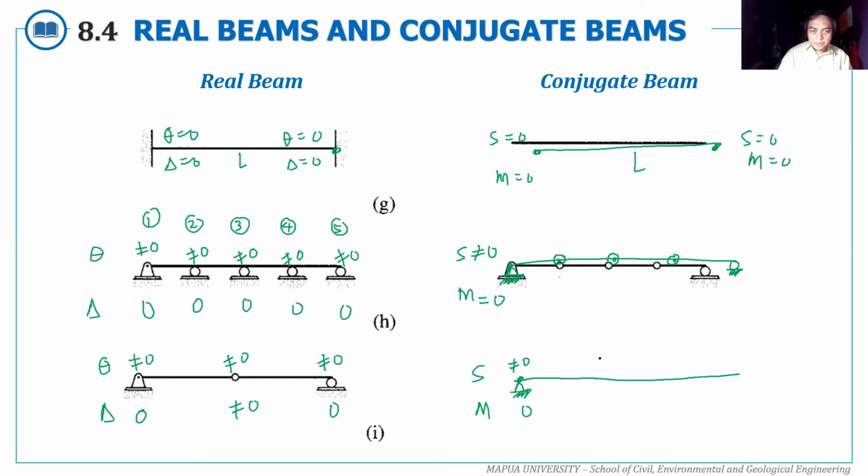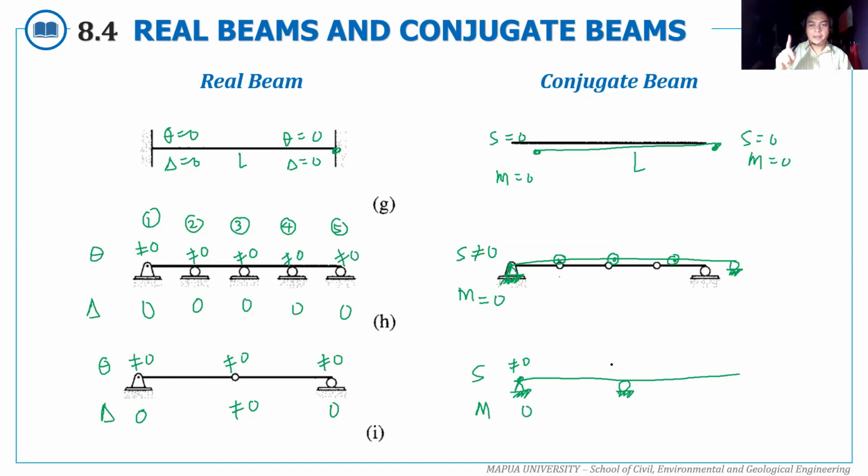Okay, dito, not 0 sa internal hinge sa real beam. Pagdating sa conjugate beam, ano ang ilalagay ko rito para maging non-zero ang parehas shear and moment? The interior support. Diba? On an interior support, pagka kinat ko yung beam doon, mayroong shear force na lalabas at may moment.